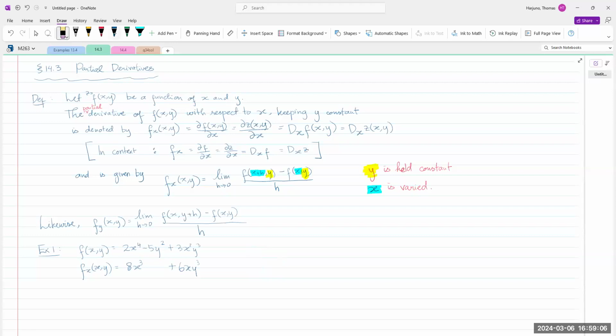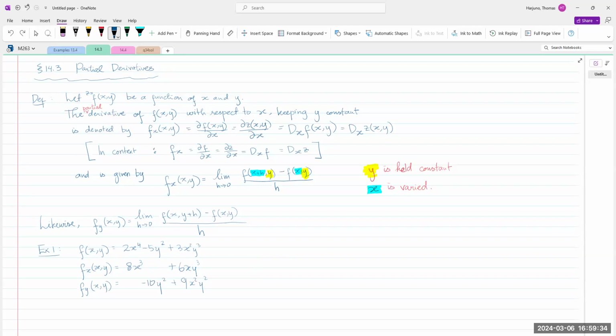And then if we do the partial derivative with respect to y from that function, that will be negative 10y plus 9x squared y squared. Now I purposely give some space here so that you see which term I was working on. Of course, when you do that on your paper, you don't need to give that space.